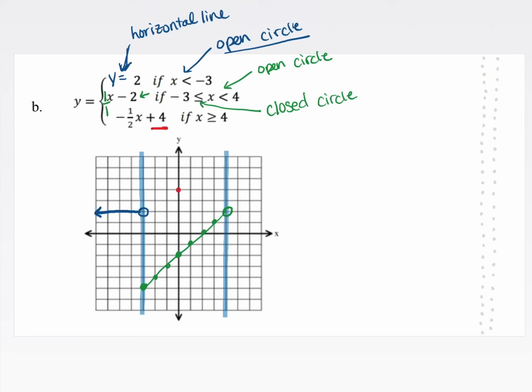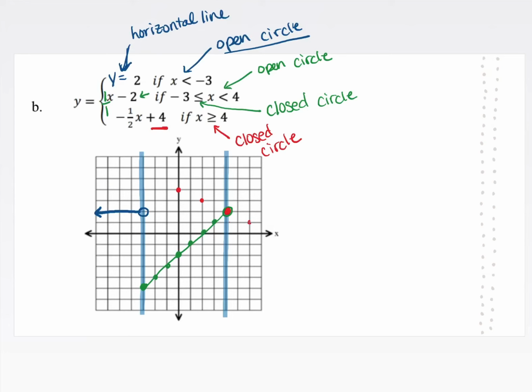Then it would be right here, and my slope is -1/2, so I'm going to go down 1 to the right 2, down 1 to the right 2. Notice here how that was an open circle, it's going to be filled because this says x is greater than or equal to 4, so we're going to have a closed circle. So it actually fills it in.